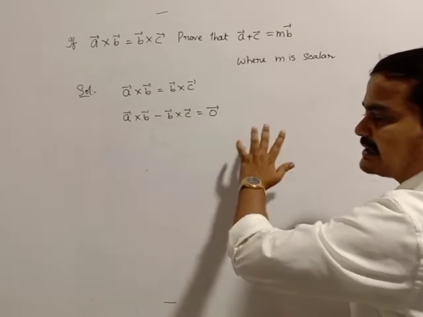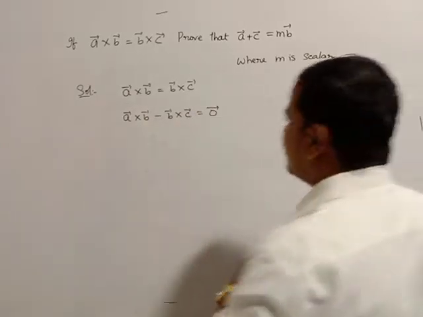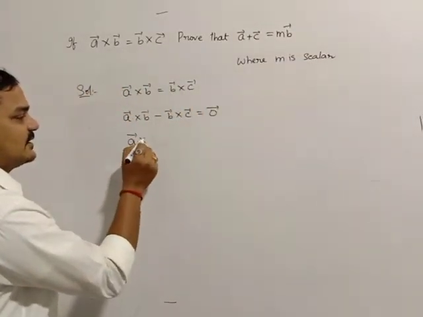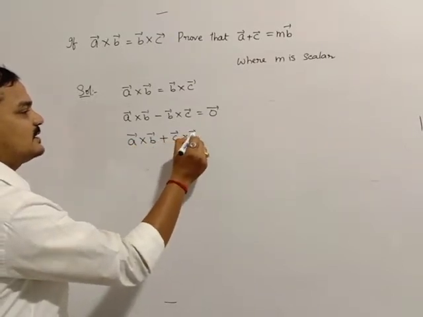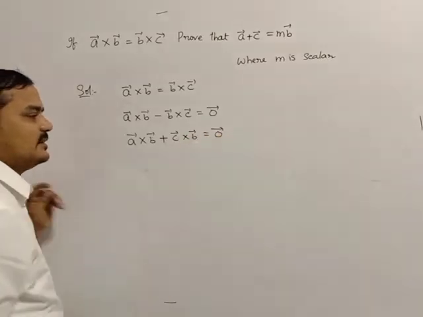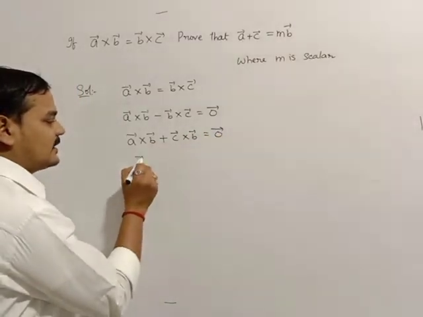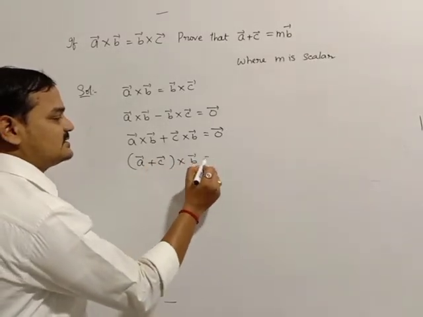If you want to take the common vector, the cross product must be interchanged, and if you interchange the two vectors, the sign will change. So A bar cross B bar plus C bar cross B bar is equal to 0 bar. Using the distribution property, A bar plus C bar cross B bar is equal to 0 bar.